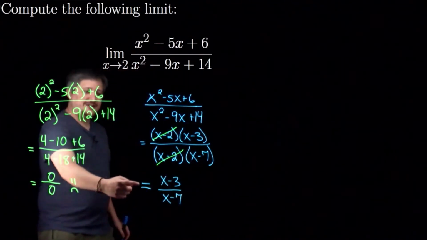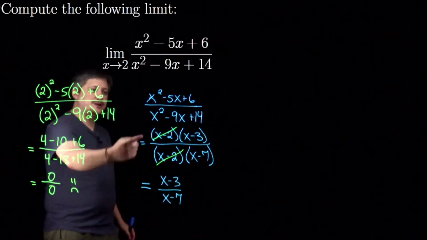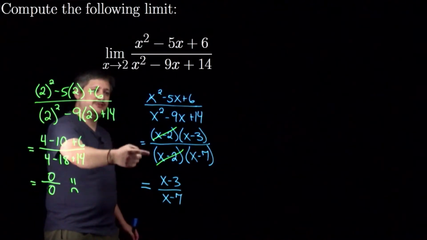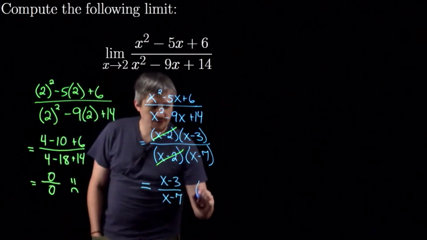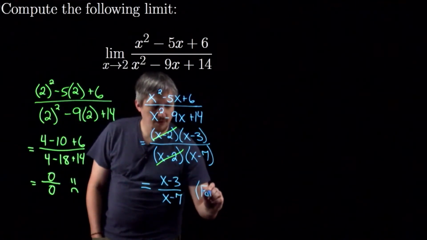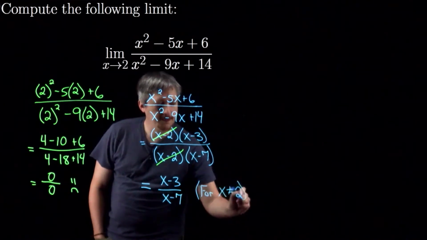Because I have it claiming these are equal, but these are not quite equal. They're equal everywhere where x isn't 2, because at 2, this thing is undefined, but at 2, this thing is, right? So this would be true for everywhere that x is not 2, okay?